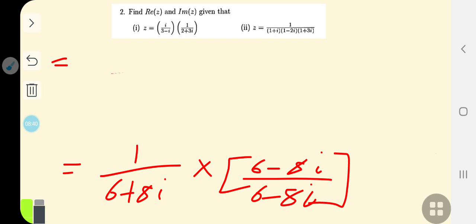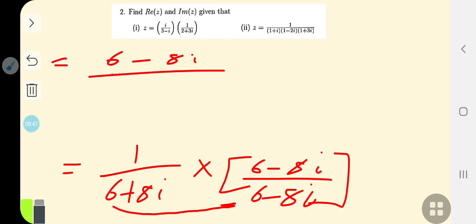From here, this is just one, so I'm going to have 6 minus 8i on top. Then I'll multiply this times that, and this times that. So 6 times 6, I'm going to have 36. And then 8 times 8, I'm going to have negative 64i squared.